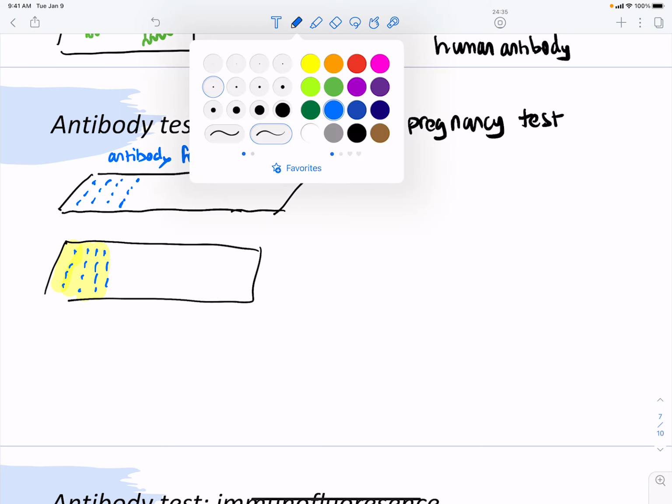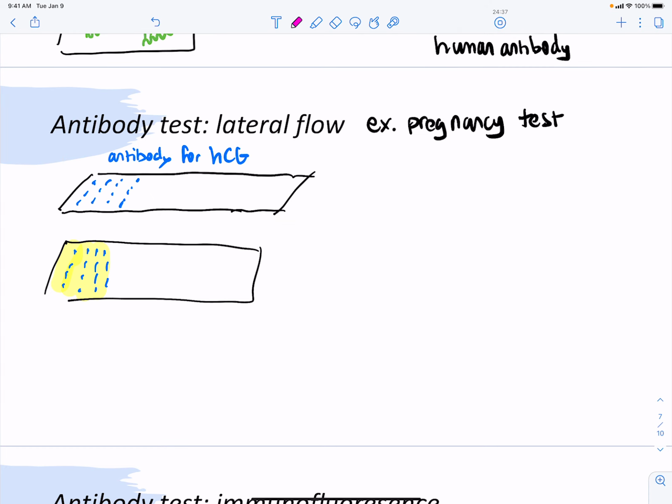So we'll add the hormone as these pink dots. So here's our hormone. It starts to bind to these beads. And so here's our human hormone. So now they're bound.